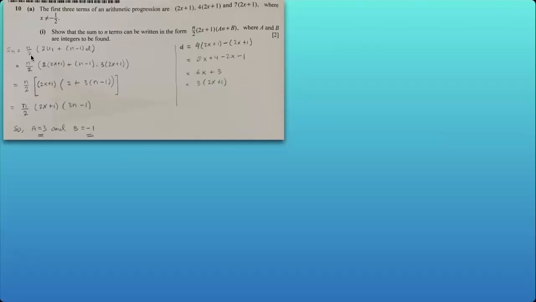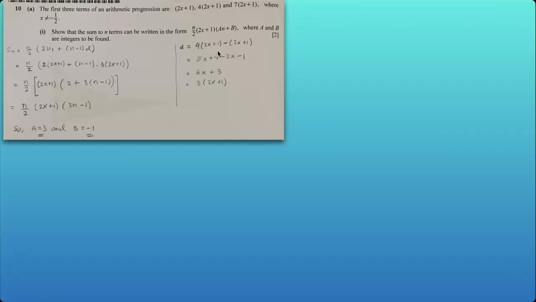This is given in the paper. So Sn means the sum of the first n terms. Sometimes a is used to symbolize the first term. Here I use U1 to symbolize the first term. This is given, which is 2x plus 1, the first term, 2x plus 1, plus n minus 1 multiplied by the common difference.